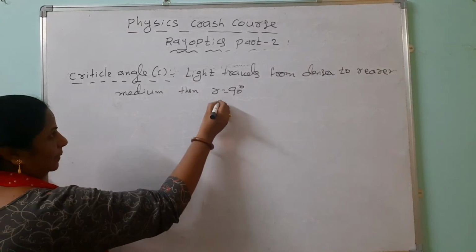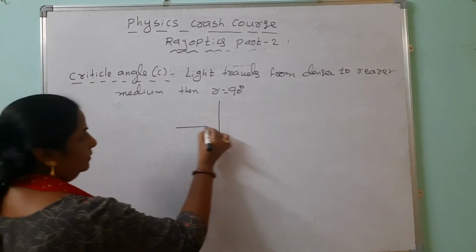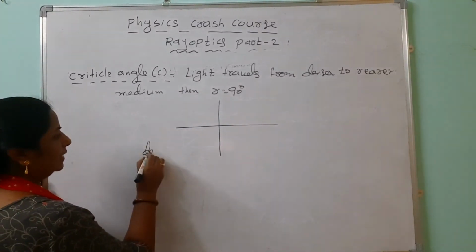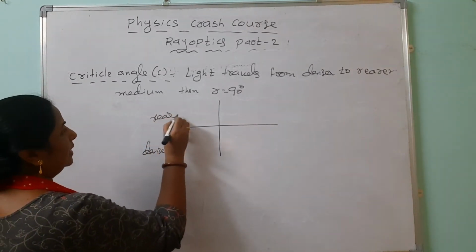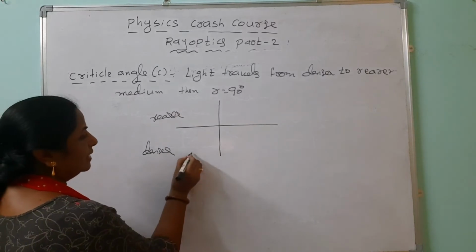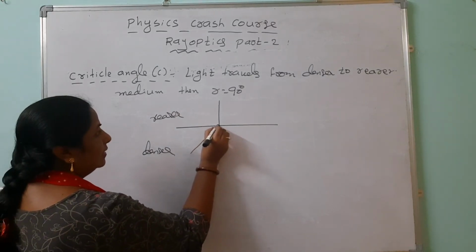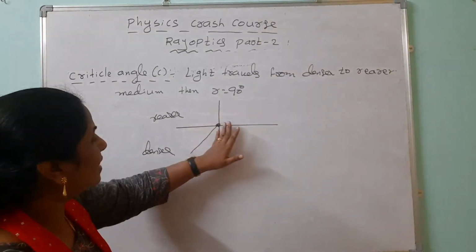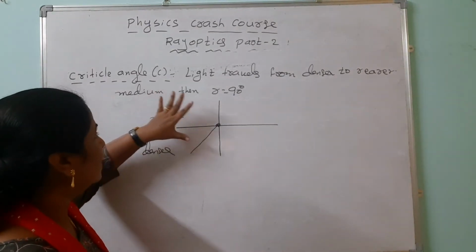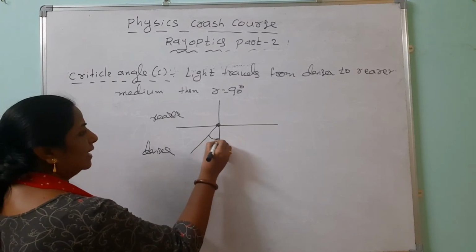Look here. This is the denser medium, like water, and this is the rarer medium, like air. When you put a light into the water, the light ray falls on the surface between the two mediums. On the normal, this is the angle of incidence.